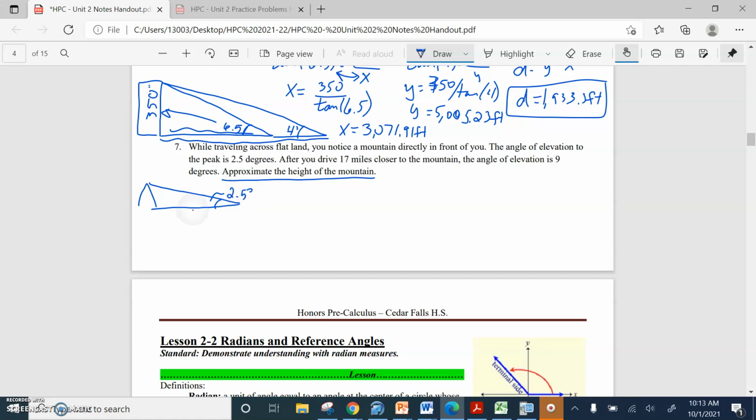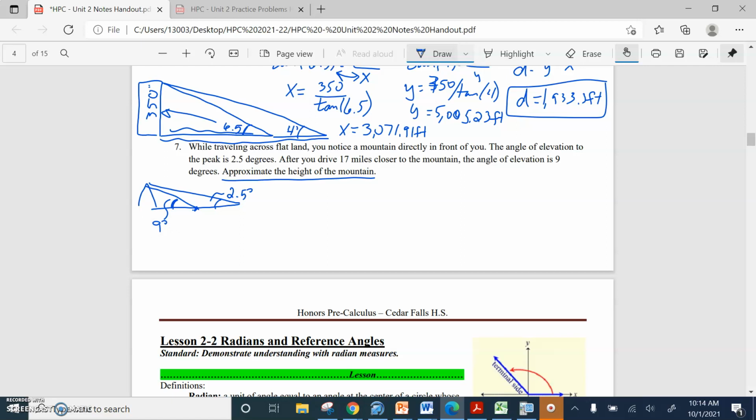Then we were stopped again somewhere here, and we looked up at that same mountain peak. Let me fix that. And then our angle here was 9 degrees.